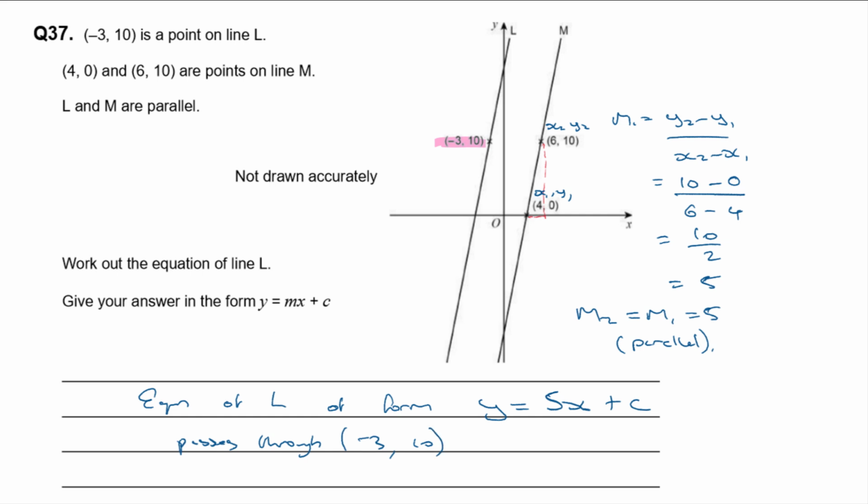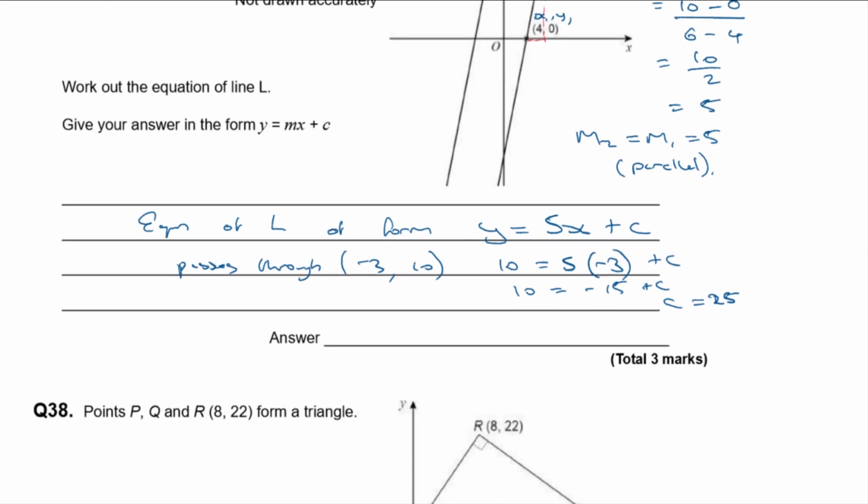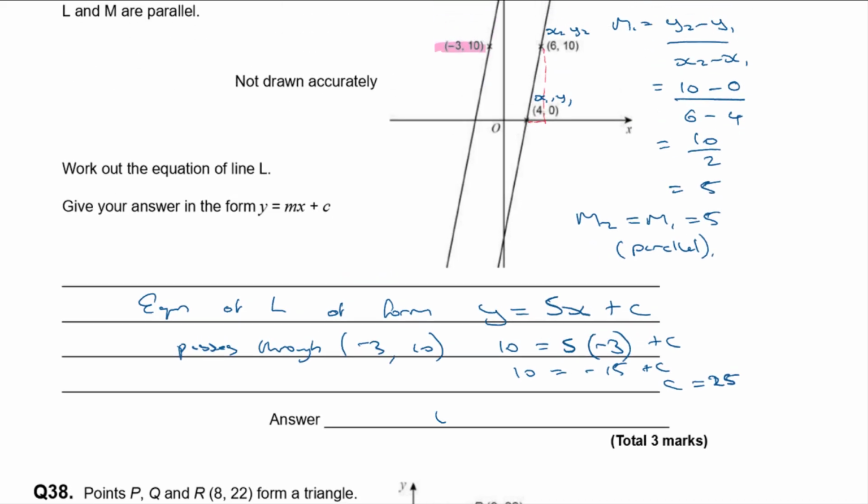Subbing those values in, very much like last time, the y coordinate is 10, and that's 5 lots of the x coordinate, which is minus 3. That should give me c then, shouldn't it? So 10 equals minus 15 plus c. So c then is equal to 10 plus 15. It's going to be 25. So then what is the answer? The answer is y is equal to 5x plus 25.